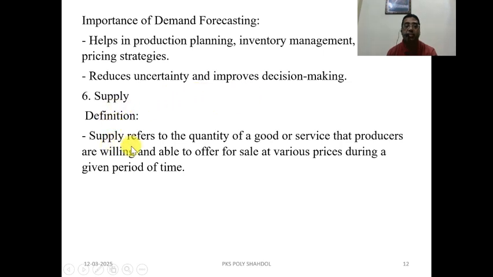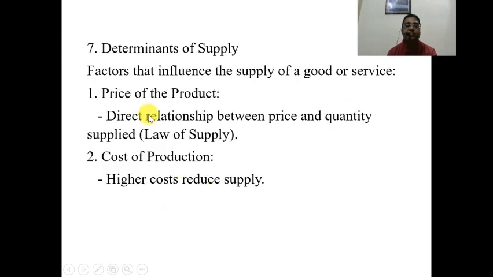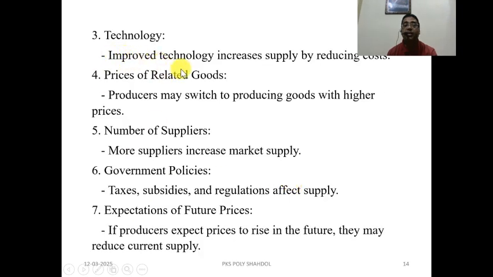Supply. Supply refers to the quantity of goods or services that producers are willing and able to offer for sale at various prices during a given period of time. Determinants of supply: factors that influence the supply of goods or services. First, price of product and cost of production. The direct relationship between price and quantity supplied is the law of supply, and a higher cost of production reduces supply. Technology: improved technology increases supply by reducing cost.